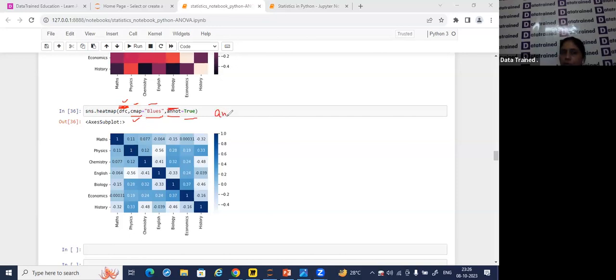Annotation is equal to True. Whenever you give annotation equal to True, these calculated values will start coming here.